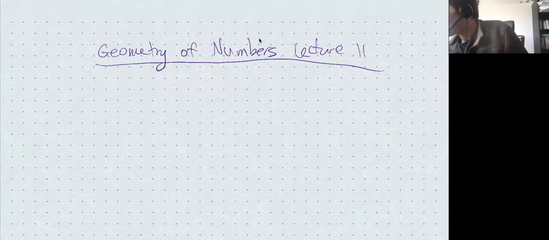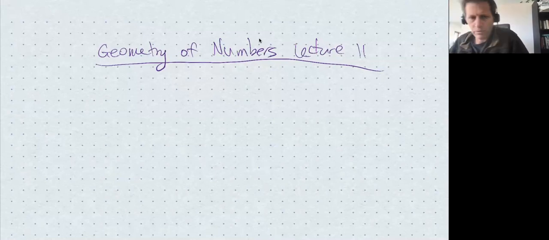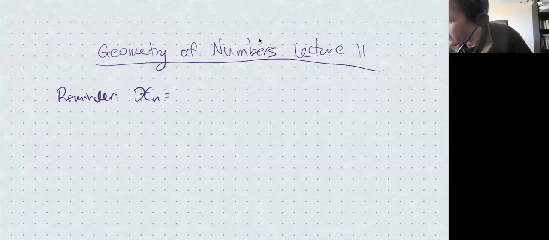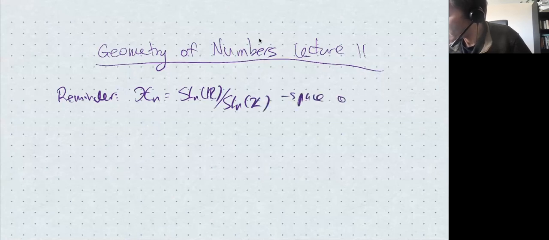So I'll remind you where we were, and we put a measure on the space of lattices. So reminder, X_n, which means SL_n(R) over SL_n(Z). This is the space of lattices of covolume 1 in R^n.